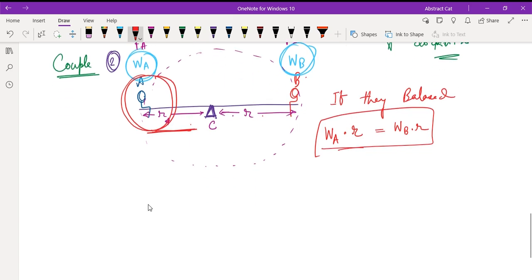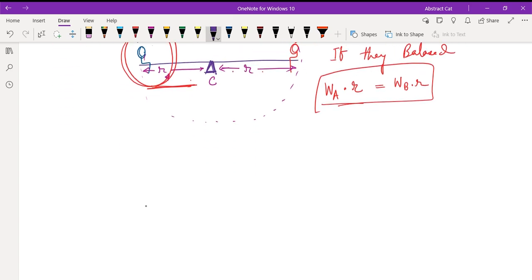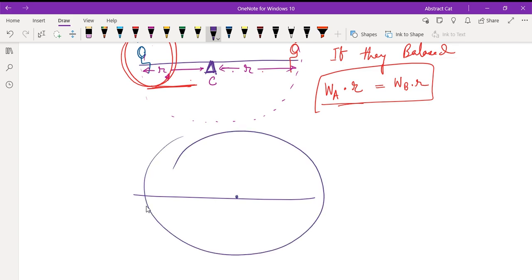So what does couple mean? Two moments of force acting simultaneously. On a circular path with center C, some force FA is applied in that direction, and similarly a force FB is applied in the other direction.